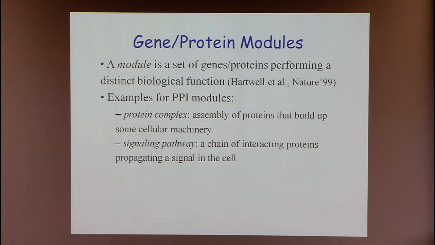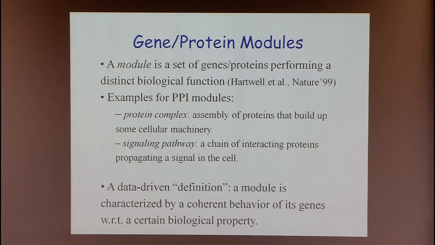And of course, the problem with this definition of a module is that it doesn't tell you how to find it. It's something very biological. So I'll show you another definition of a module which I use, which is a data-driven one. My definition of a module is simply a set of genes that behave coherently with respect to some biological property. And this coherent behavior is what will let us try to identify those modules.